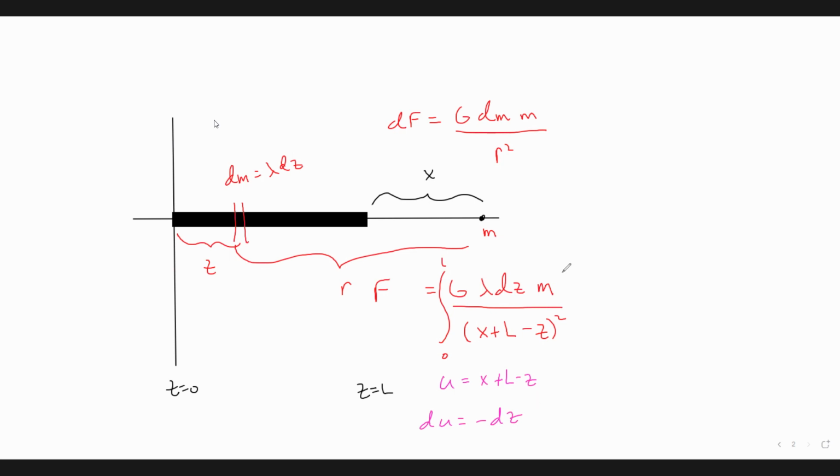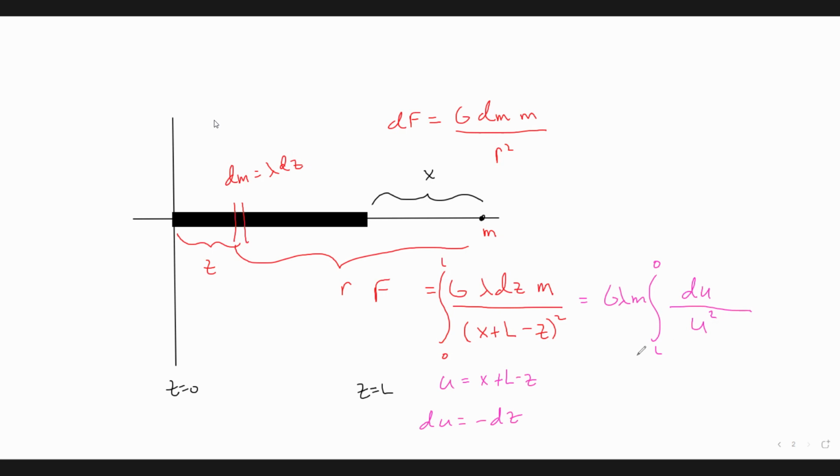Okay, and then the rest of the variables, you just bring them out front as a constant. G lambda m. That's right. So G lambda m times dU. So dz is minus dU. So all we need to do is flip the signs here, over u squared. There you go. Okay, now it's trivial, right? Yeah, that's easy.